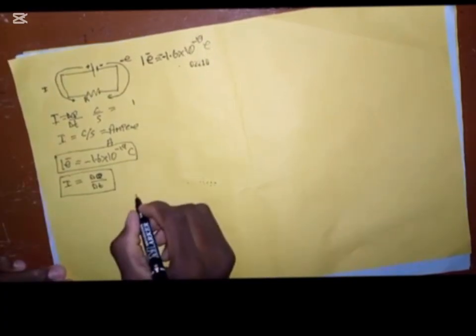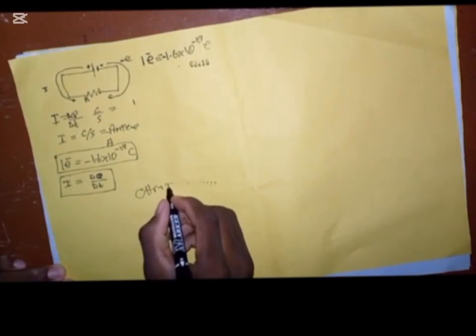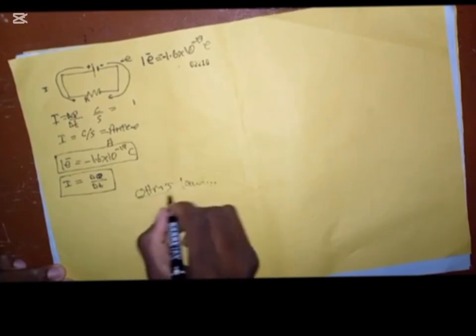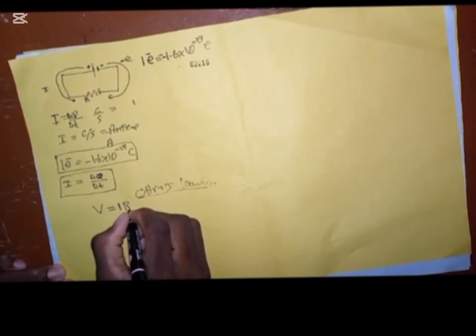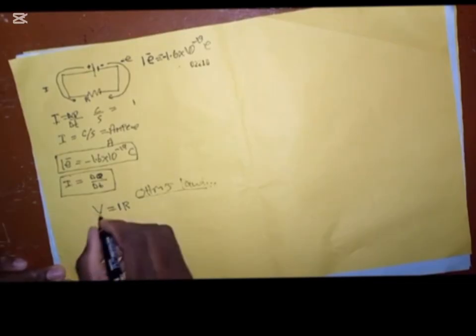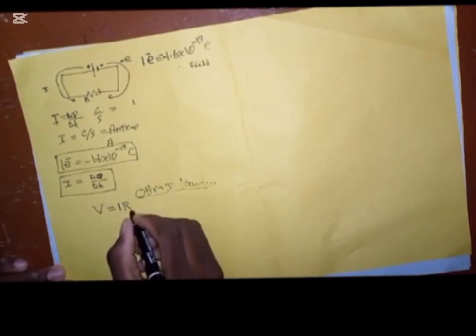Okay, let's get back to Ohm's law. Ohm's law is V equals IR. Ohm's law relates three electrical properties: voltage, current, and resistance.